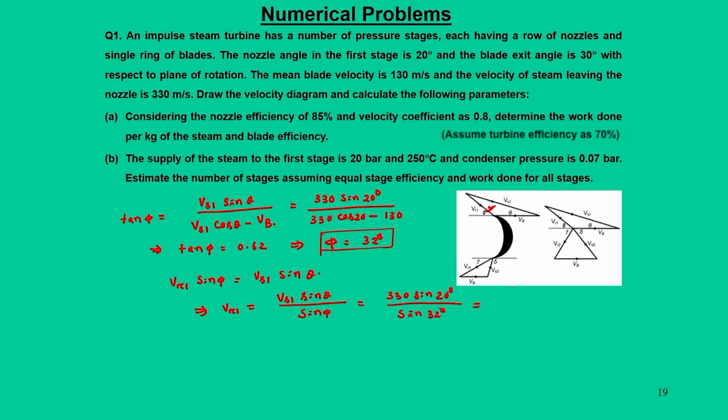So Vr1 we will get as 213 meter per second. Once you know this, you know Kv is equal to 0.8. So this means Vr2 would be 0.8 times 213, so this is 170.4 meter per second.